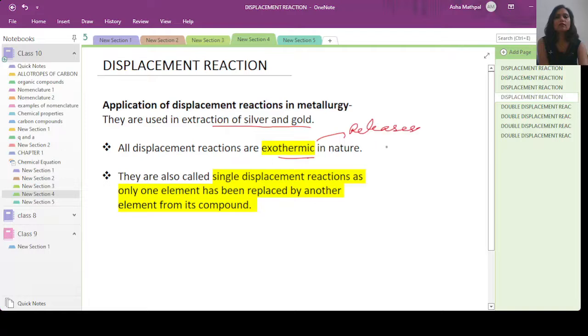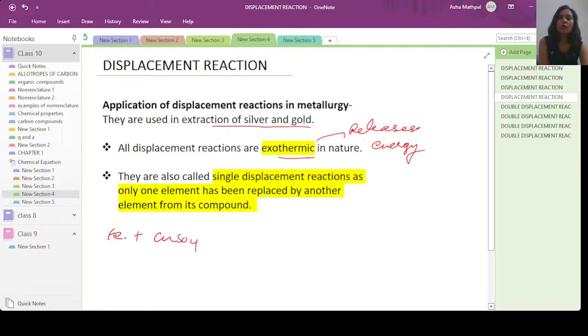It releases energy, right? And in a displacement reaction, it is always one element being replaced by another element from its compound. For example, we have seen that iron is dropped in copper sulfate.